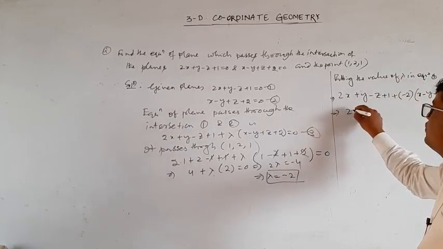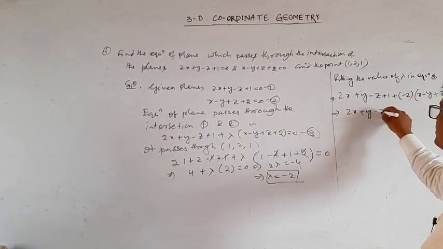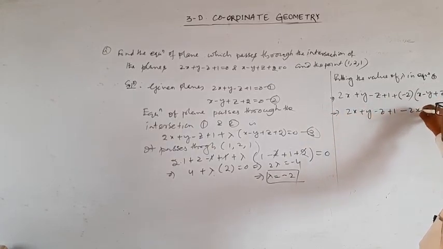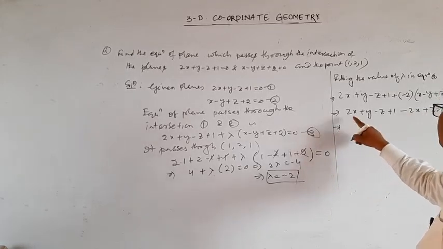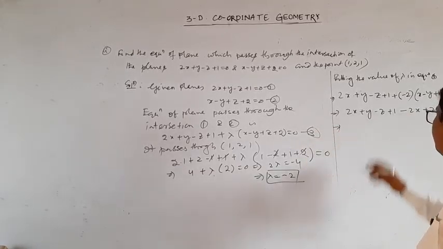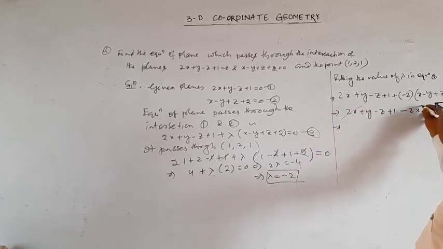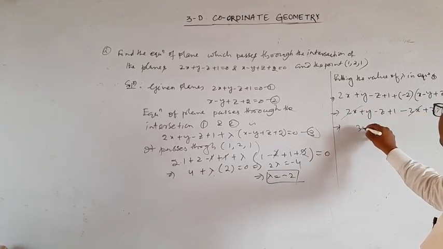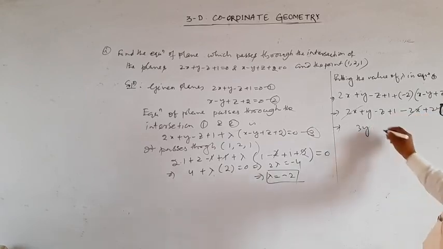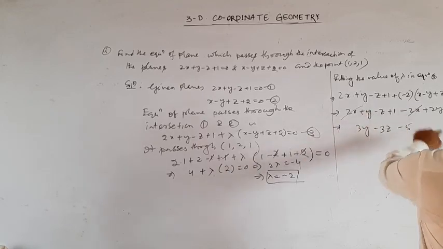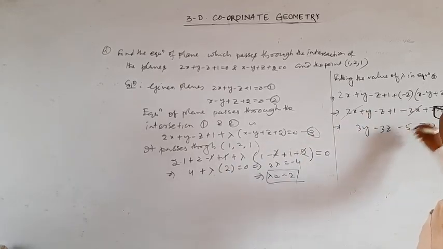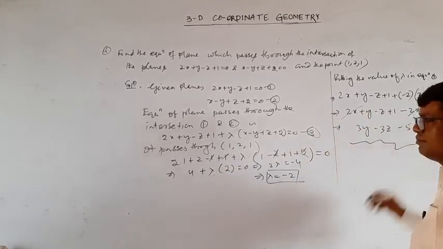That implies 2x plus y minus z plus 1 minus 2x plus 2y minus 2z minus 4 is equal to 0. That implies 2x cancels with minus 2x. This is 3y minus 3z minus 5 is equal to 0. This is the required equation of the plane.